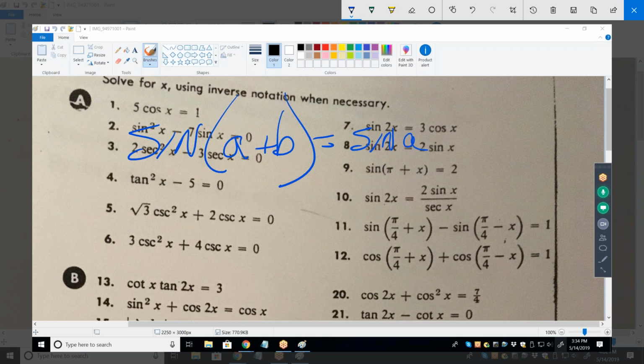So it's got to be sine a cosine b. This sign is the same, not the opposite. And the only thing that could be over here, if I know there's 2 sines and 2 cosines, is sine of b cosine a.